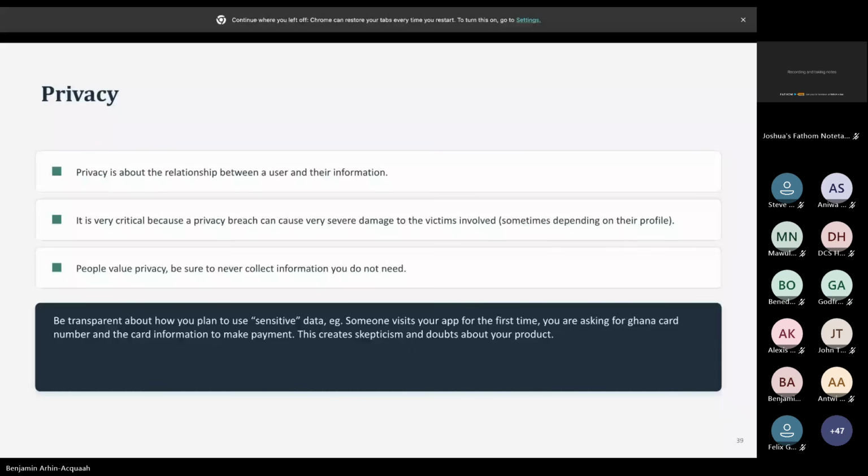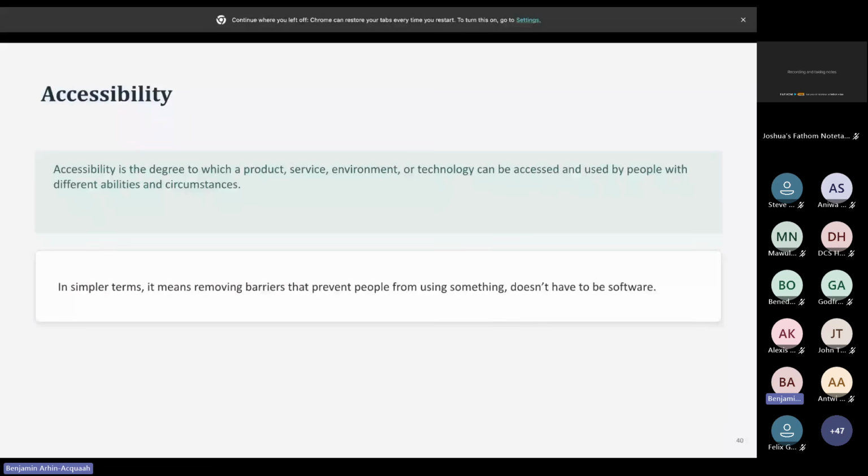Okay. Next thing is accessibility, which is very important for this hackathon because the whole theme for the hackathon is to provide solutions that are more accessible for the deaf community.